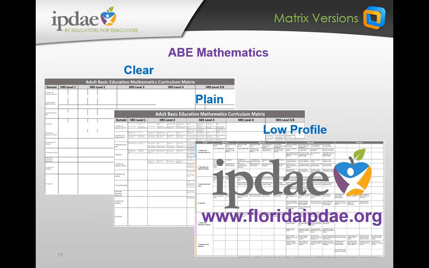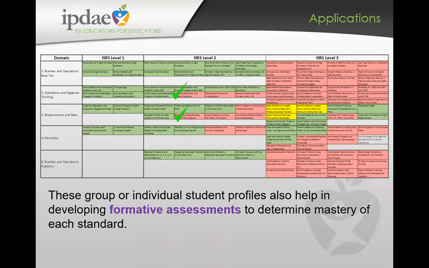We've got a clear version and a plain version, and all appear in electronic format as well. Just like I said before, you can use the matrix as a tracking tool, whether your students have met the target, especially the areas where they show partial to no proficiency, and you can even color code it.